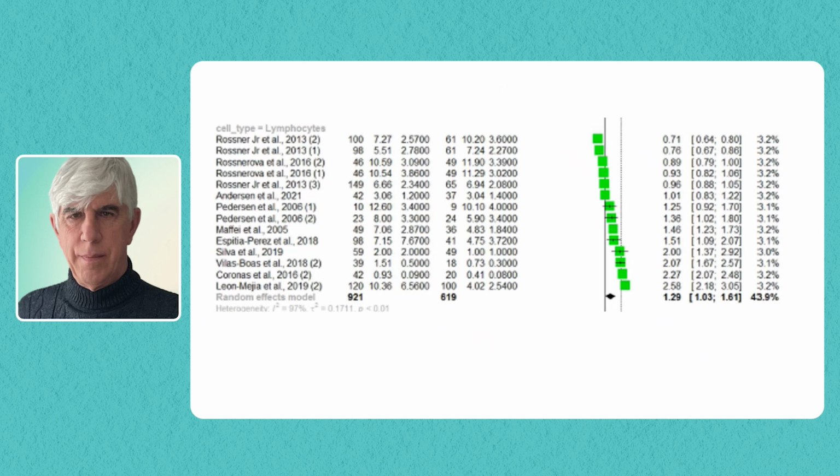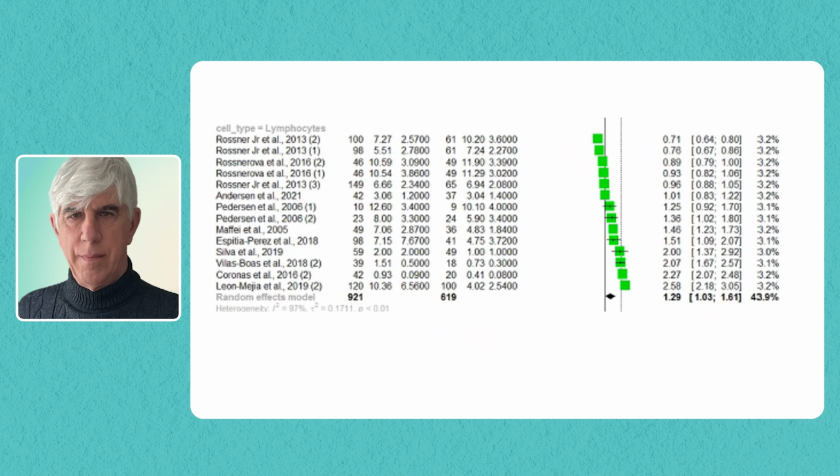It is still significant because you see there are many studies, large populations, but remember, to be significant is not always so important. What is really important is the amount of the risk. In this case, you have an increase of 29%, 30% in the frequency of micronuclei, which is significant, which is important, but it's not large.